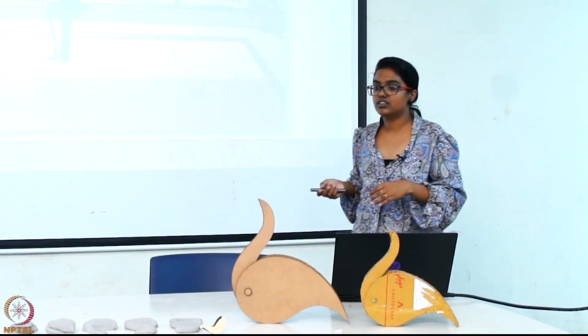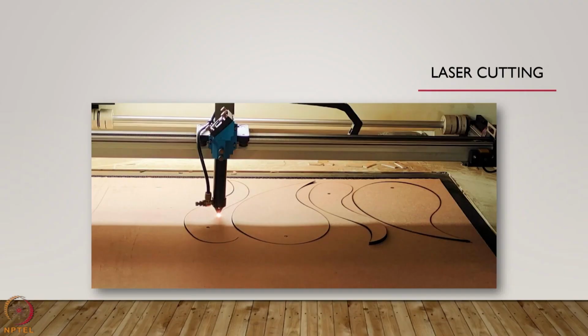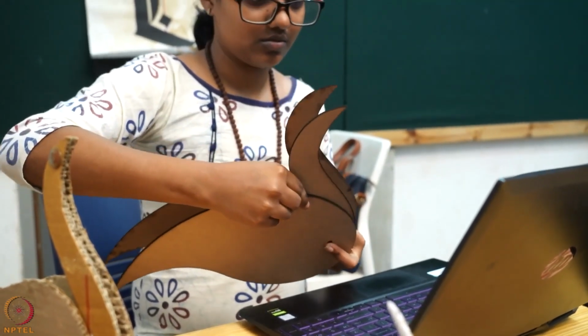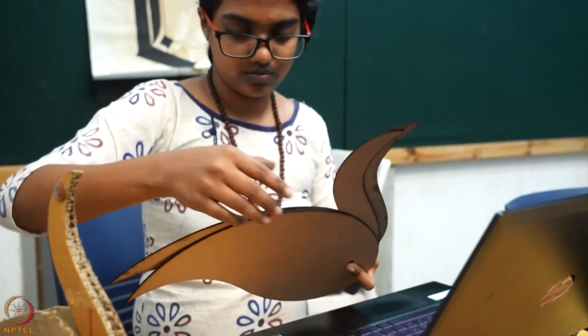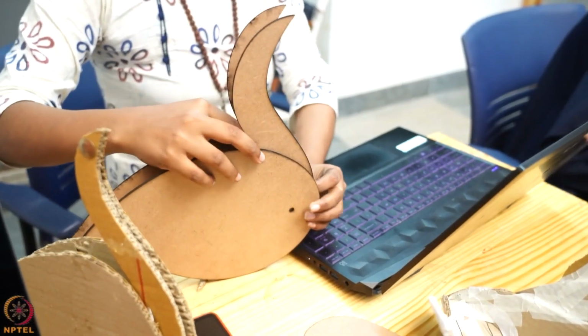So we had this 3 mm hard cardboard, and we did laser cutting, and then we got these pieces separately. After that, we assembled the laser cut parts using bolts, washers and nuts with a pre-decided space in between them.